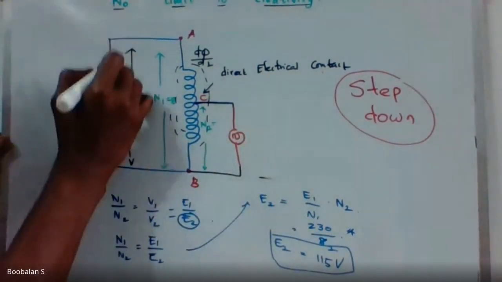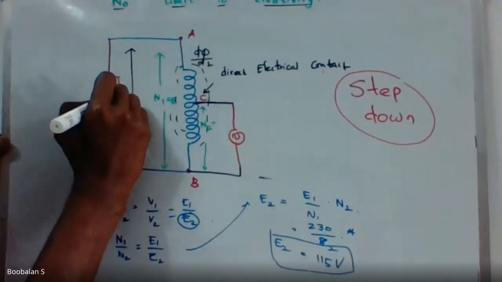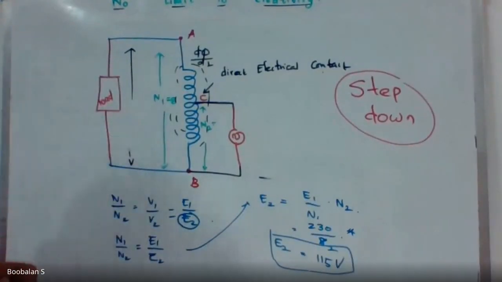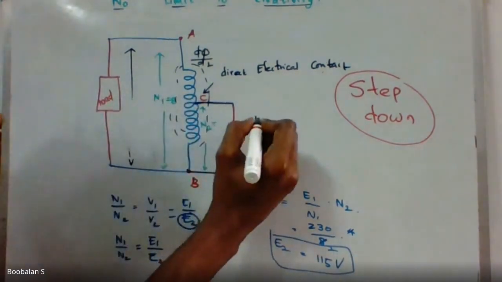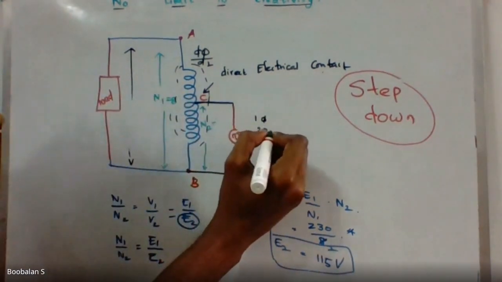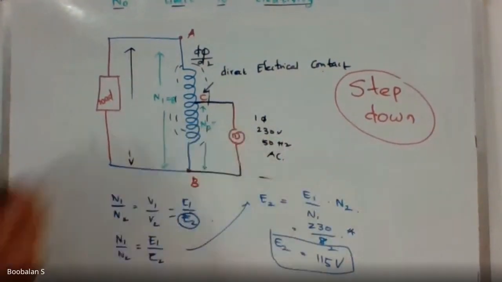I'm only changing the input and output terminals alone, right? The load, I haven't done anything. I'm not changing any tapping, not changing any number of turns. Nothing else is changed. Only the input and output terminals are changed. Now, single phase, 230 voltage, 50 hertz, AC power supply.